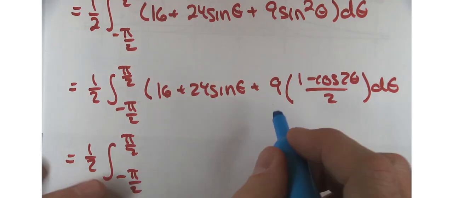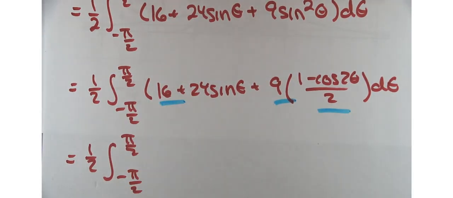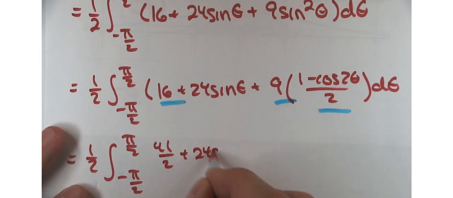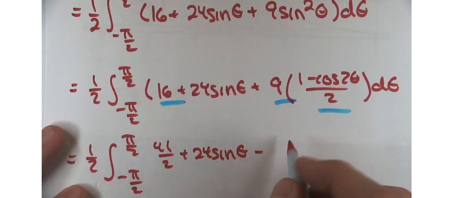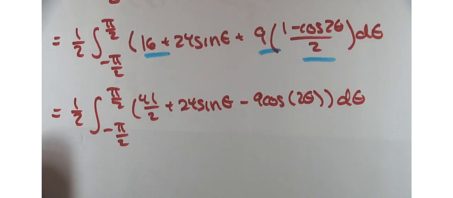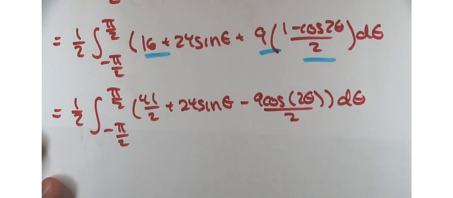So it's going to be 41 over 2 plus 24 sine of theta minus 9 over 2 cosine of 2 theta, all d theta. Yes. Thank you.